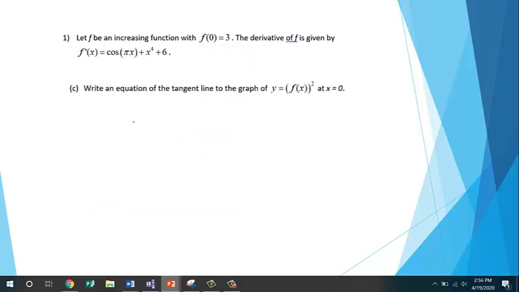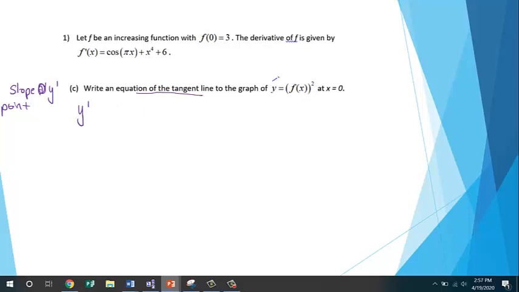Right, part C says to write an equation of the tangent line to the graph of y equals f of x squared at x equals 0. For writing an equation of a tangent line, we need the slope and we need a point. We know the slope is the derivative, so it's going to be y prime. The first thing that we need to do is find y prime.